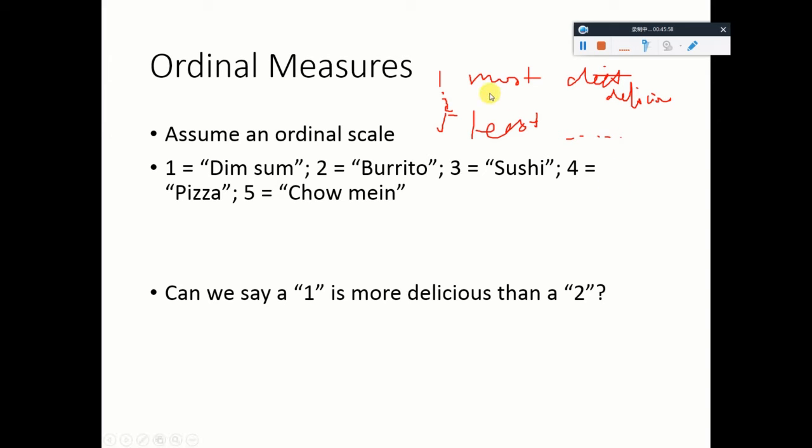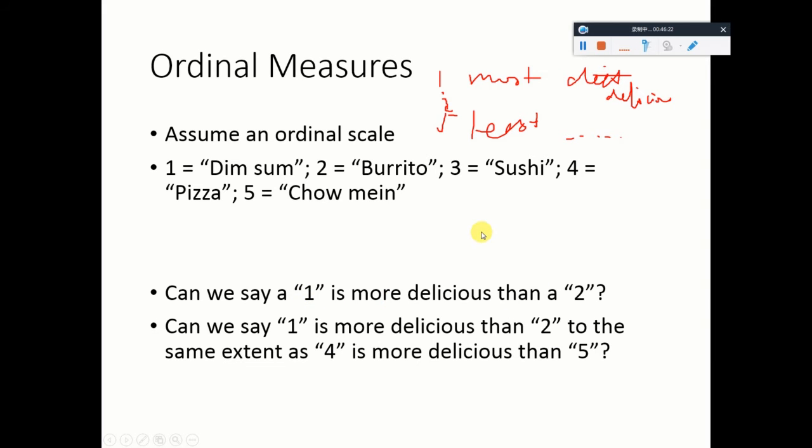We certainly can, because we specified ahead of time to use 1 to indicate a type of food that's the most delicious, and we use 5 to indicate the type of food that's least delicious, with 2, 3, 4 in between. So definitely 1 is more delicious than a 2.